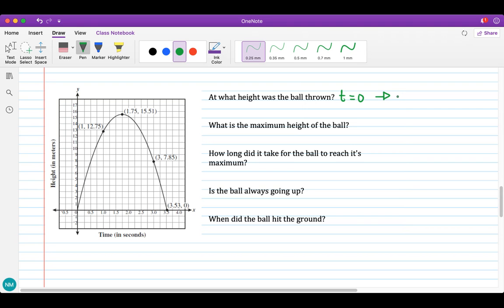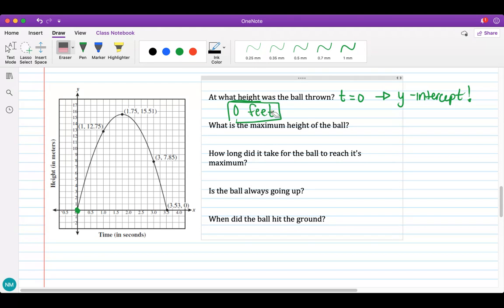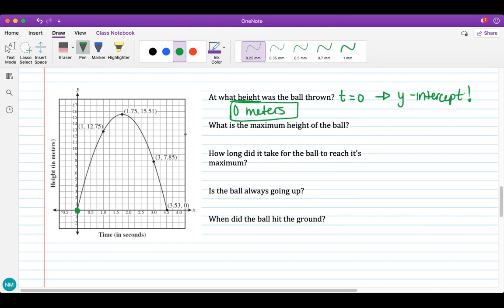So I'm looking for my y-intercept. It looks like it was kicked from the ground. So at t equals 0, at 0 feet. At what height? 0 feet. Oh, meters. It's given in meters. Okay, next.